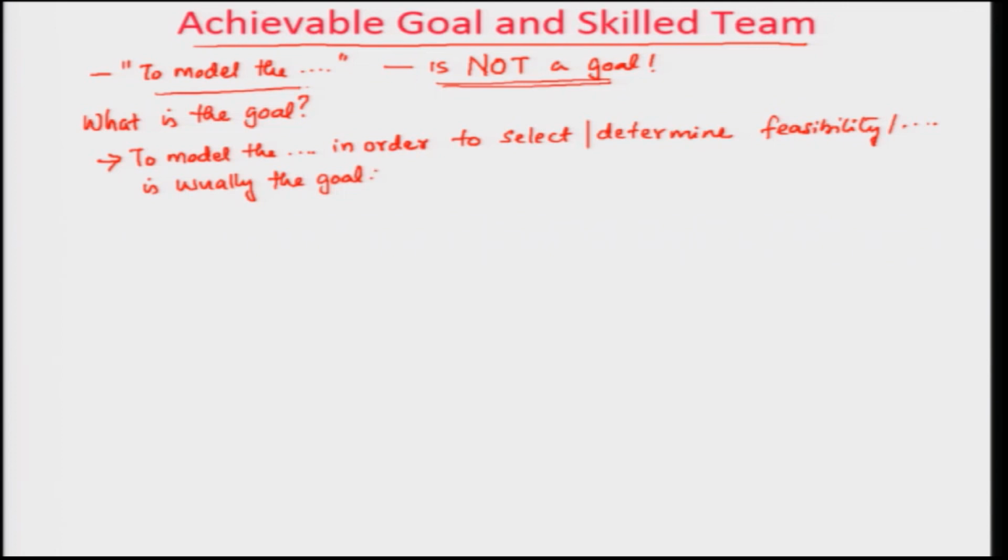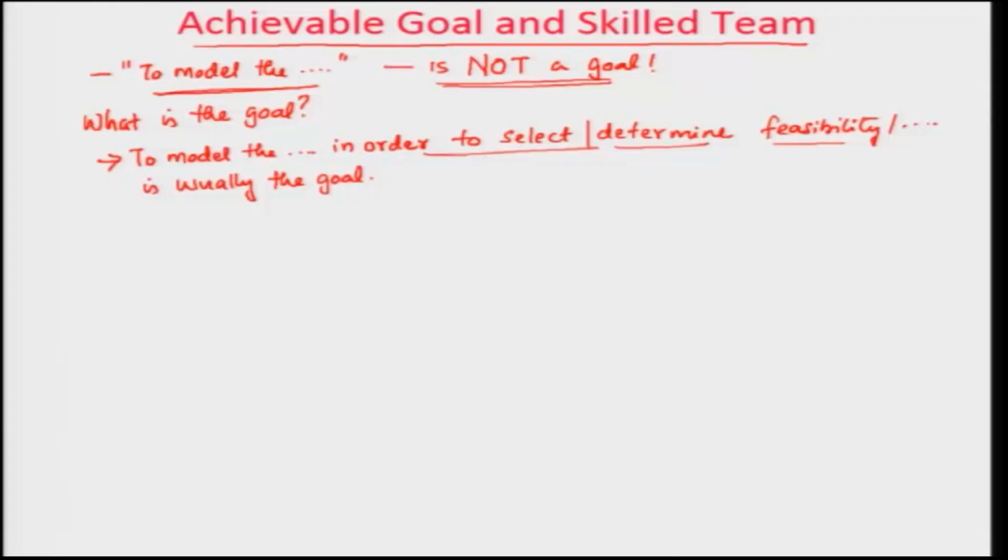You are never doing business simulation just to model the system. You are doing the model in order to do something, in order to select or determine the feasibility of adding another server or building a new facility, increasing the production, reducing the cost of production. There are quite a lot of ways you can think about it. This determination of the feasibility and aspects needs to be clearly spelled out, because this is the objective or the answer that you need.